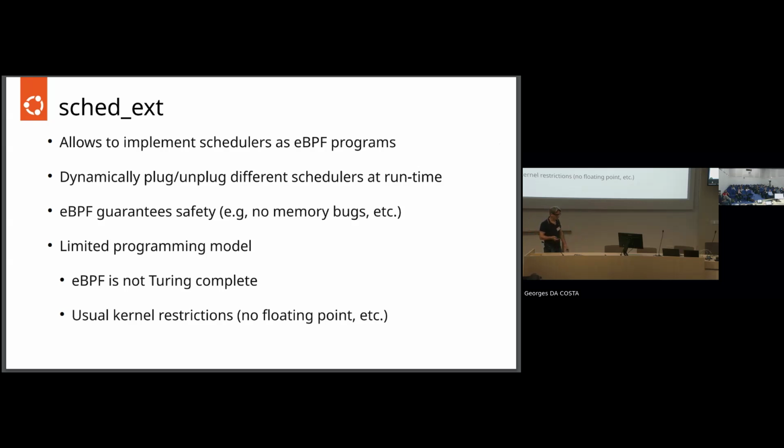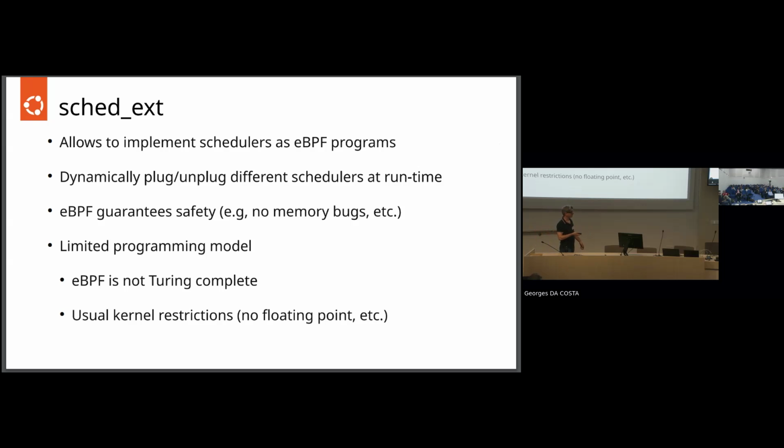So that makes experimentation much safer. It's also easy because sched_ext has been designed to not expose everything. You just need to implement a few callbacks in your eBPF program, and that's it.